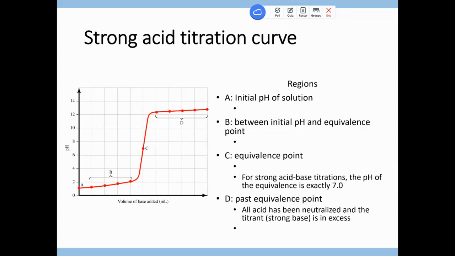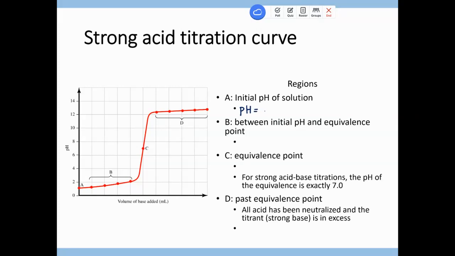well, if you're adding a strong acid to solution, then all of the acid will dissociate into ions. So as long as you know how much acid is added, you know how much H3O+ is present. So the pH here, you should be able to calculate directly from concentration of the acid added.